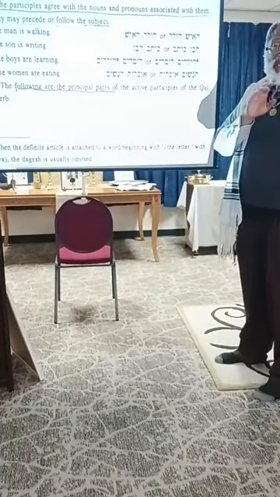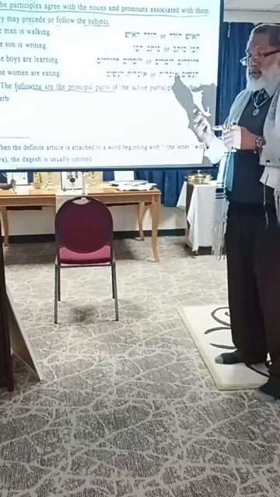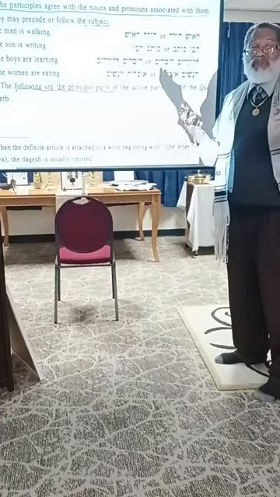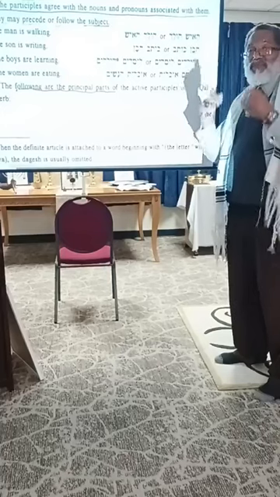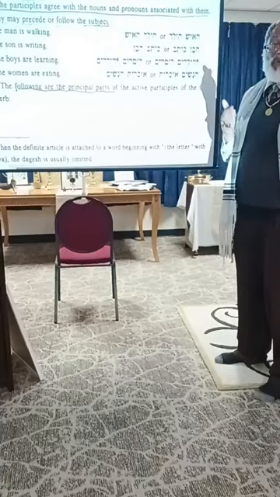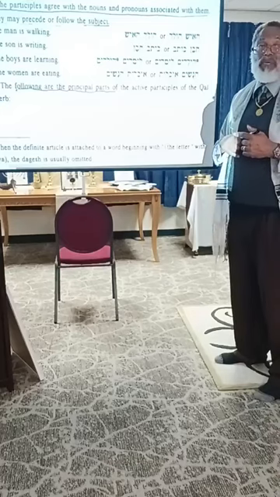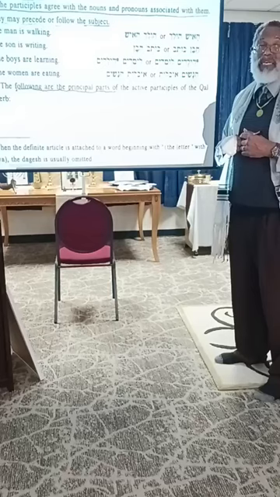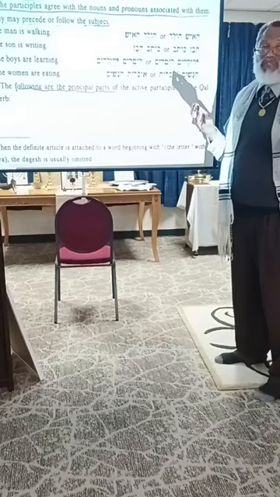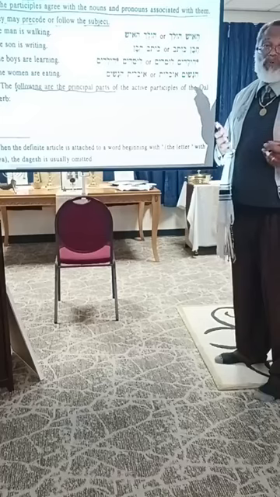As I said, there is a page in the previous lesson which has your irregular nouns. These are words where, like I said, the word for fathers. Father is masculine, but if you're saying plural fathers, the ending is not going to end with the yod mem. It's going to end with the vav tav, which is a feminine plural ending. That's an irregular noun because it's not ending with the masculine plural.